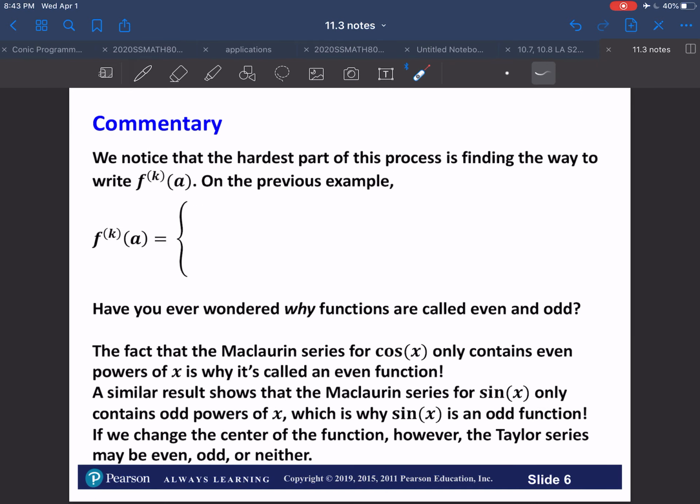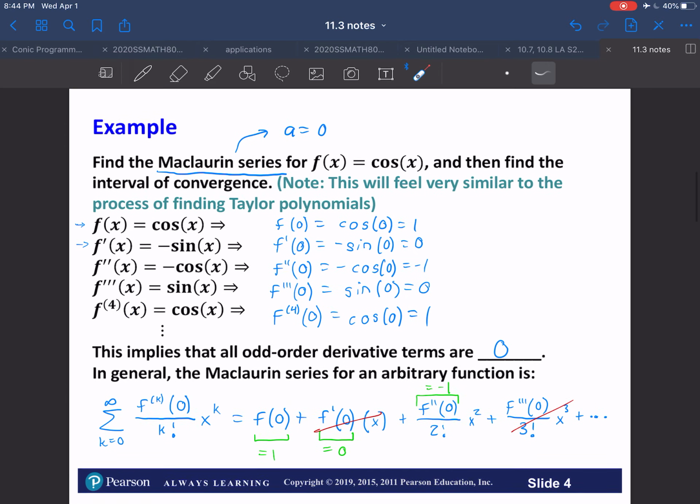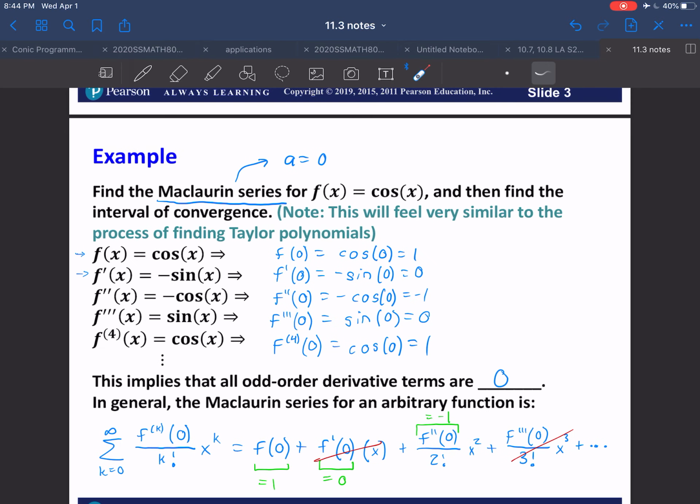So let me just make a couple remarks before we continue on to our next example. The hardest part of this sort of process, and it may not have seemed like it in this particular case, because it was actually kind of trivial, is finding a way to write down f^(k)(a), the kth derivative of f evaluated at a. On the previous example, we were able to figure out the kth derivative of our function evaluated at a, and I'm going to walk you through it.